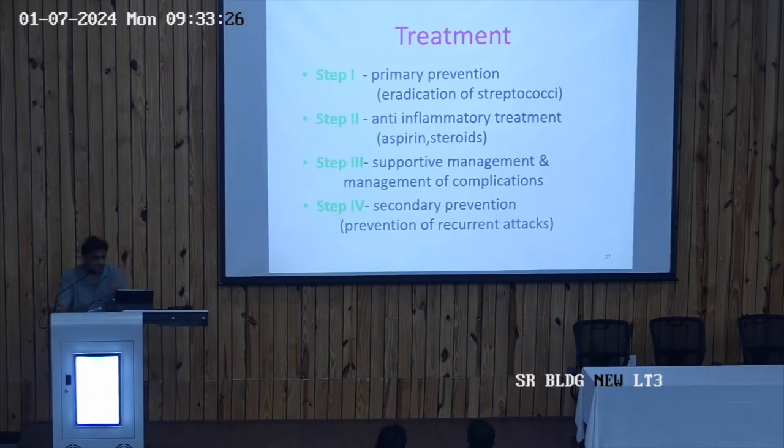How do we treat? Treatment has four steps. Step 1 is primary prevention, or eradication of streptococcal infection. Step 2 is anti-inflammatory treatment, given in the form of ecosprin or aspirin, and sometimes you can use steroids.